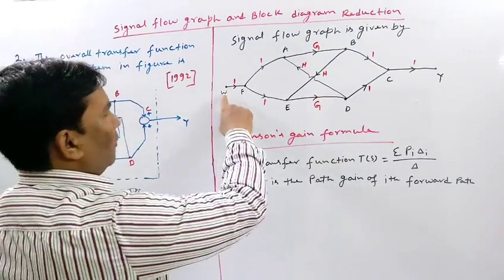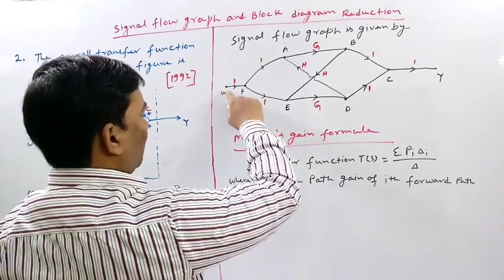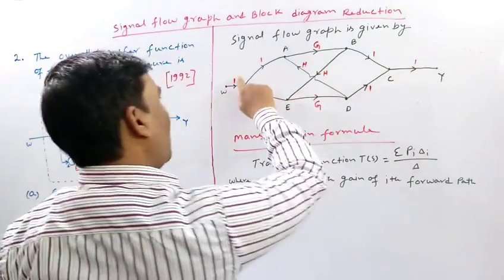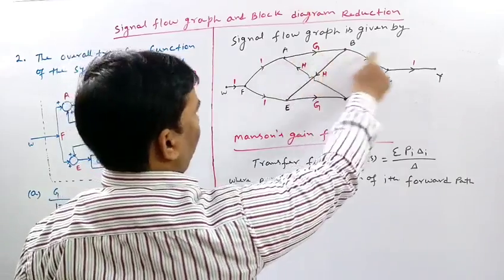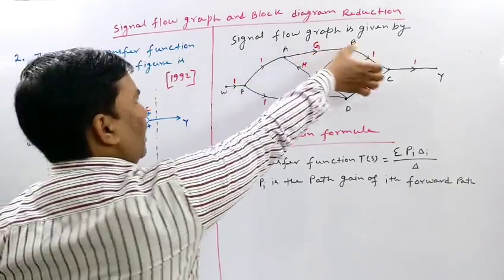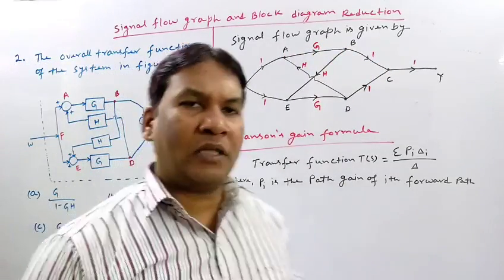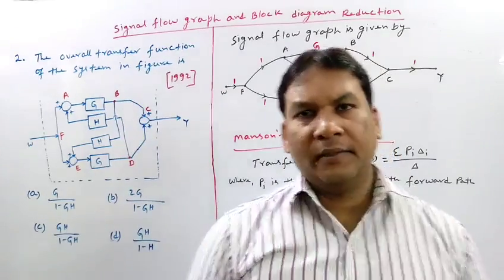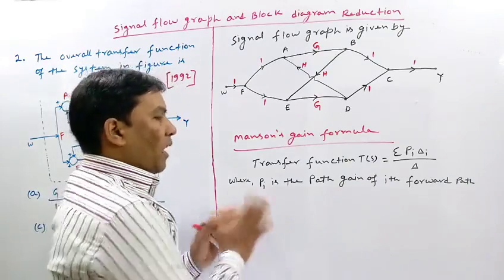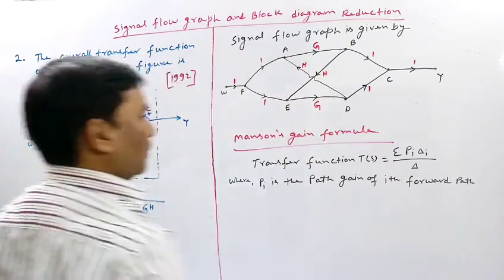Suppose we are calculating the path gain of forward path W, F, A, B, C, Y. Then it will be 1 multiplied by 1 multiplied by G multiplied by 1 multiplied by 1, since all these branches constitute that forward path. Now it is clear what the path gain of a forward path is.